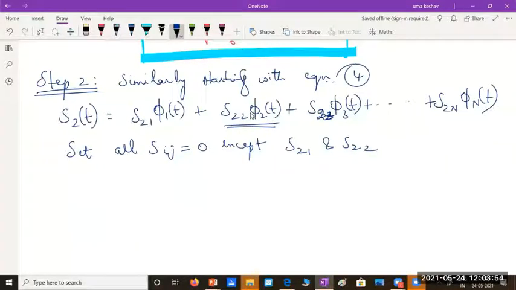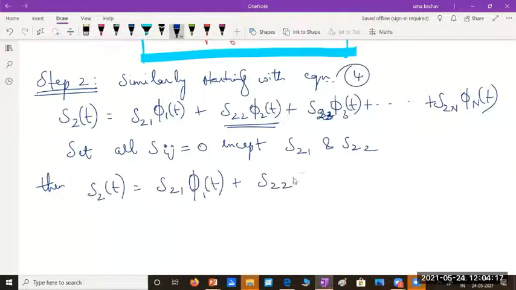One by one we are trying to deal with it so that we'll be able to define all the coefficients. And from that we will get a standard equation. So let's consider what happens. Then S2 of t is equal to S21 into phi 1 of t plus S22 into phi 2 of t.